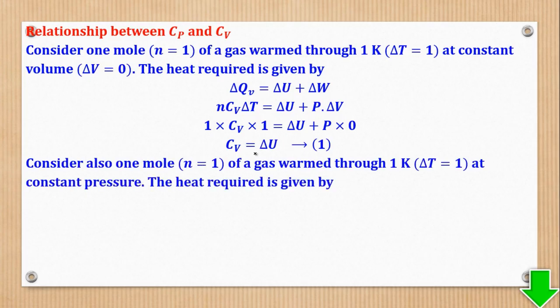What about when the pressure is constant? We also consider 1 mole of a gas warmed through 1 Kelvin at constant pressure. So the heat is given by, now here remember it was dQV, now we shall use dQP because pressure is constant. Then we know that n is 1 and delta T is 1. So we substitute for dQP and also for external work done.